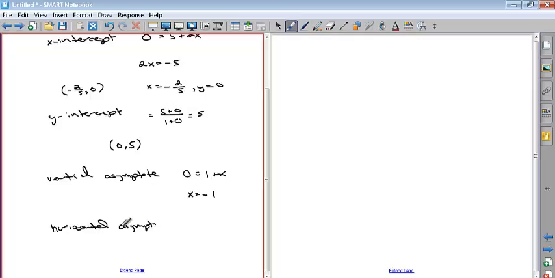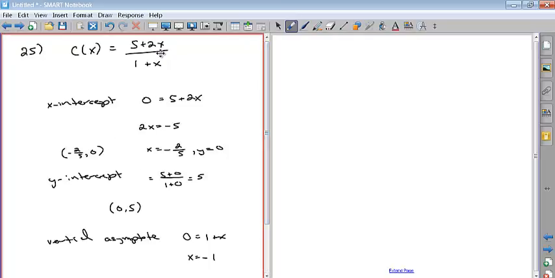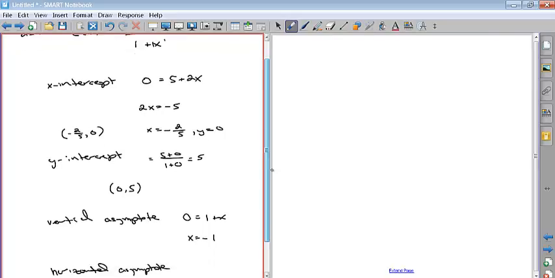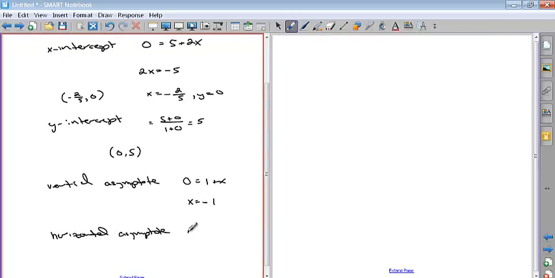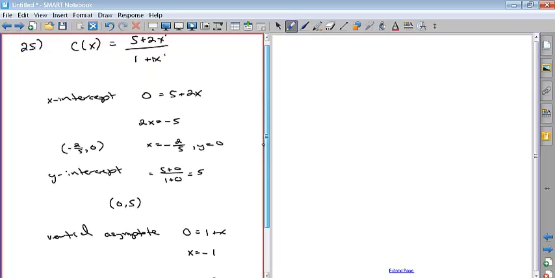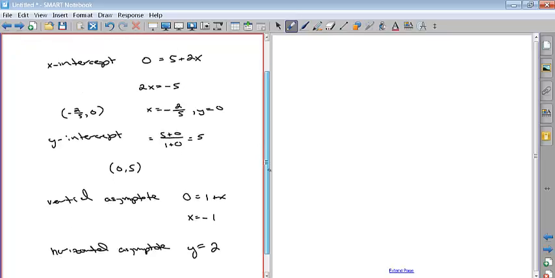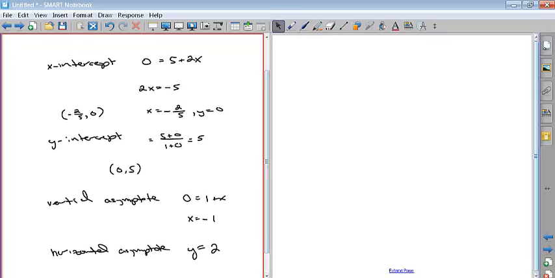Now, because you have an x term in the numerator and the denominator, and they're both the same order, the first power, you take the ratio of leading coefficients, which would be 2 and 1. So the horizontal asymptote is y equals 2. Okay, let's see what we can do here.